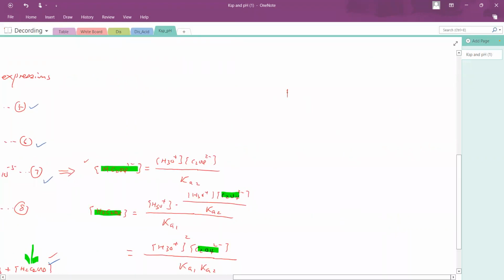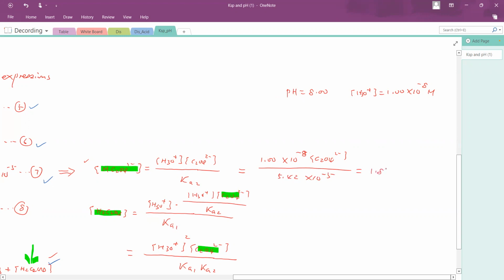So when pH equals 8, which means the hydrogen ion concentration is 1.00 times 10 to the minus 8 molarity, I'm going to do it here, okay? You put 1.00 times 10 to the minus 8. So with Ka2, 5.42 times 10 to the minus 5, you just do the math.